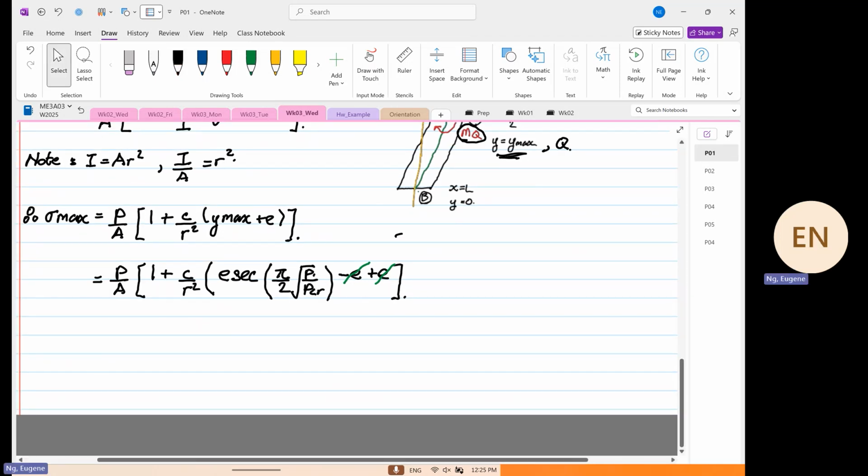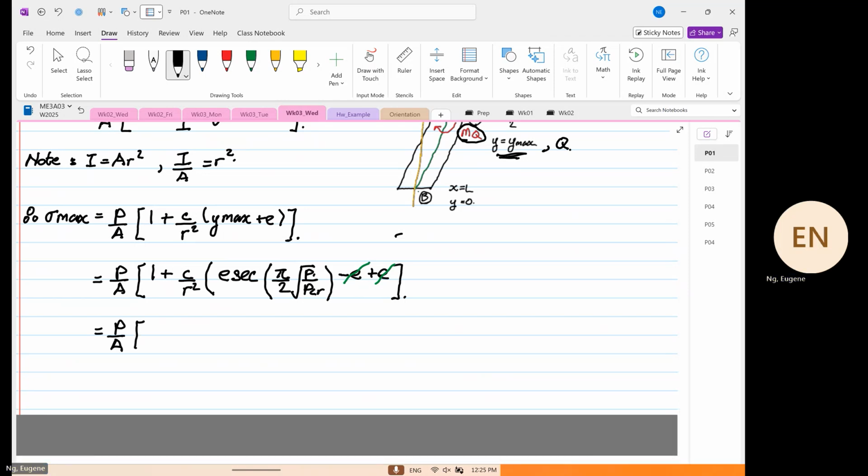The final form that you can see is equal to P over A plus EC over R squared secant pi over 2 square root P over PCR.